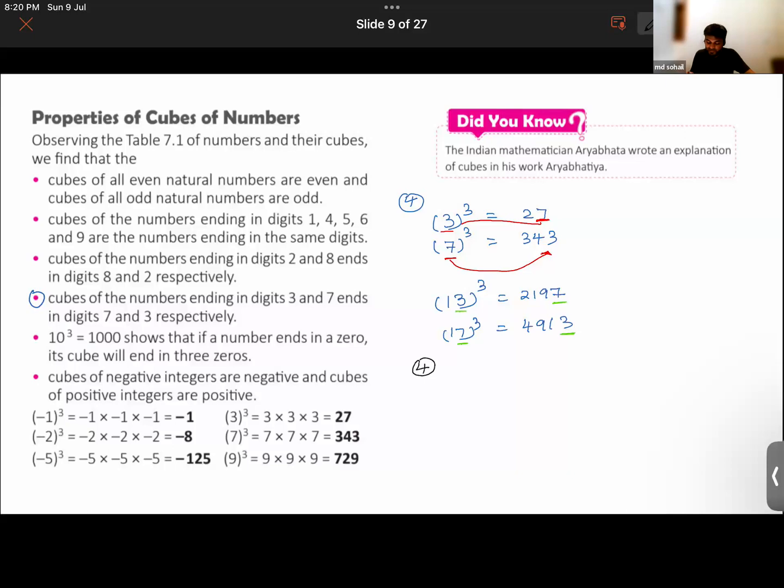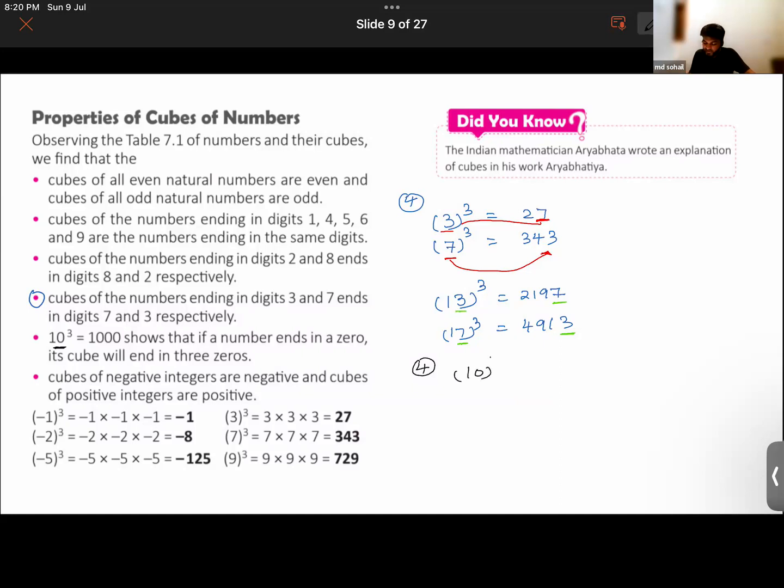Now let's move on to the next property. It says that if you have the number 10, its cube is obviously 1000. So what do we see here? The number ending in 0, like 10, meaning its unit digit is 0, then its cube will end in 3 zeros, right?